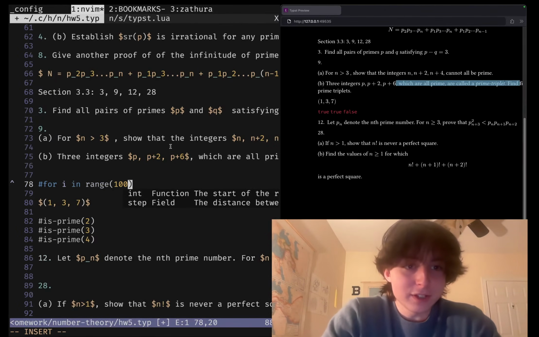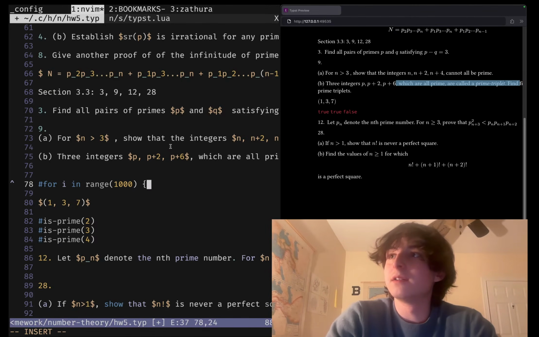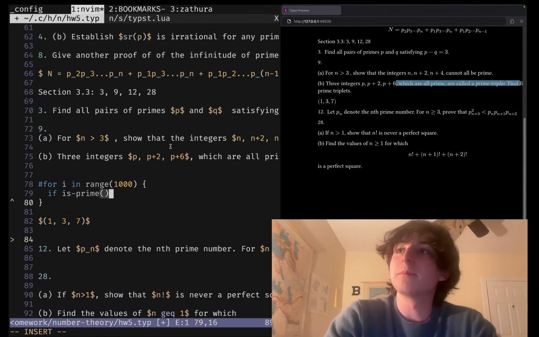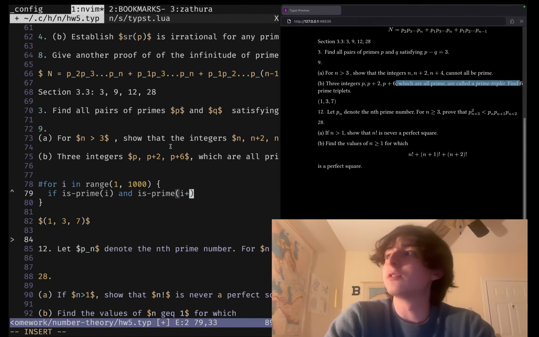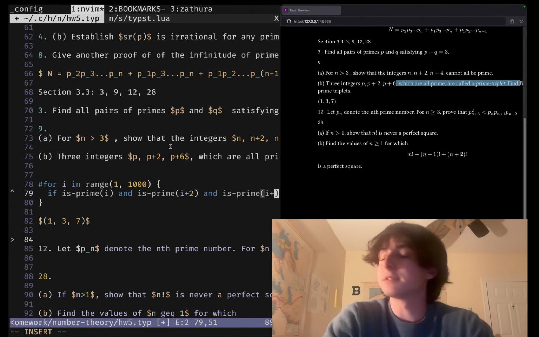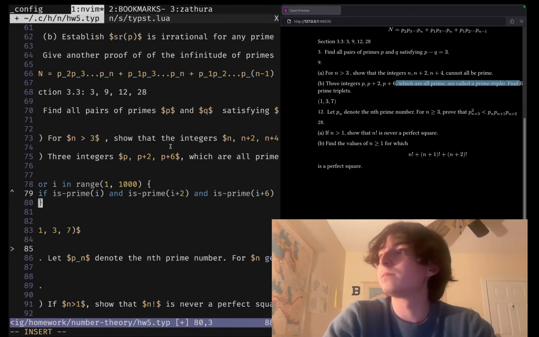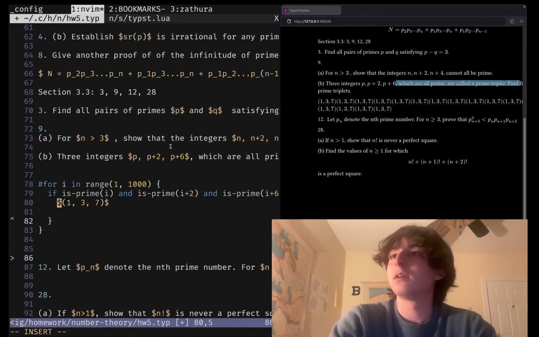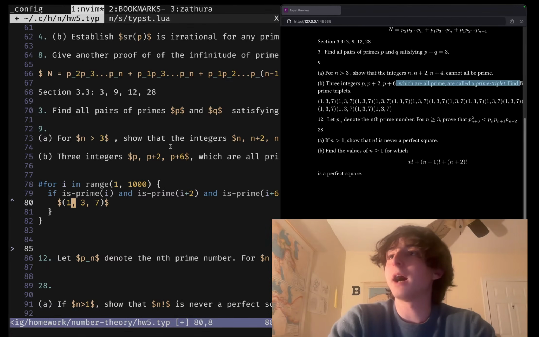For I in range, let's check 1,000. And we want to know if is prime of I and is prime I plus 2 and is prime I plus 6, then we output I plus 2 and I plus 6.